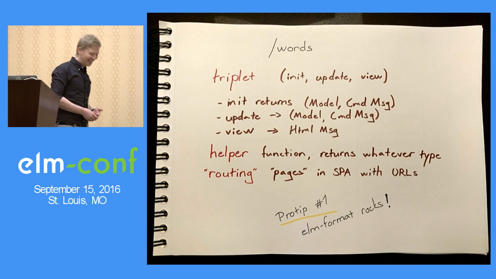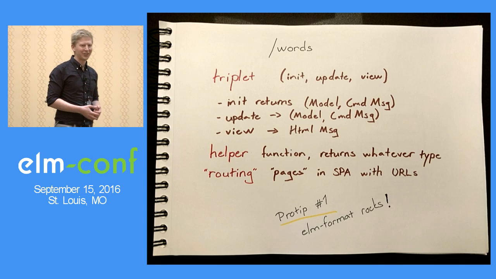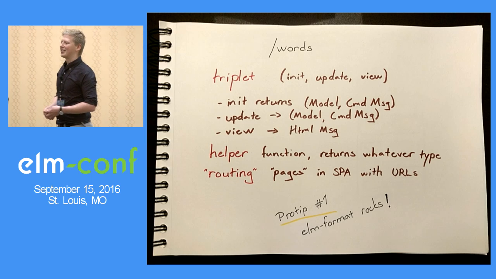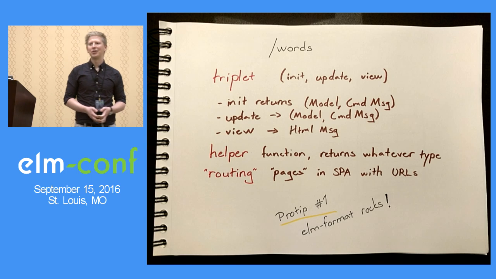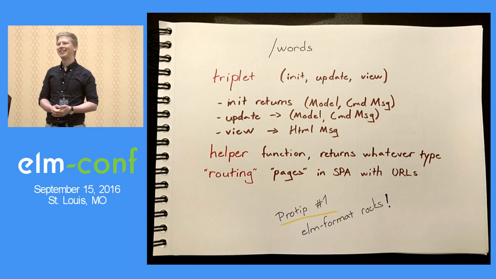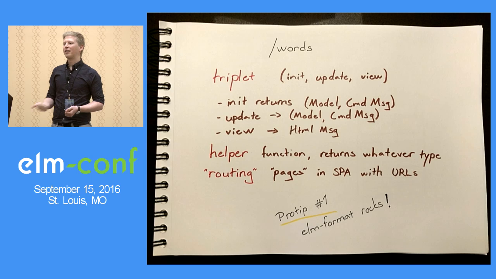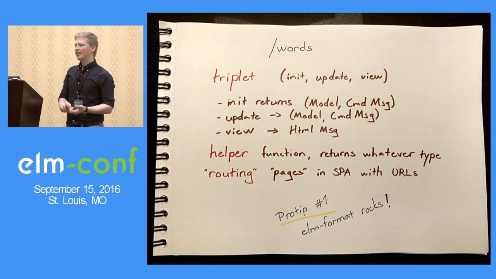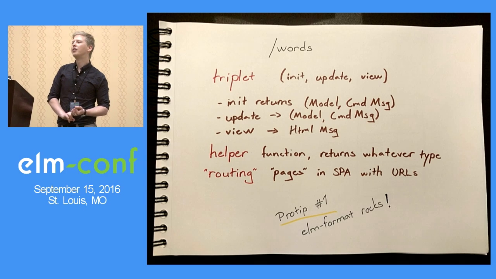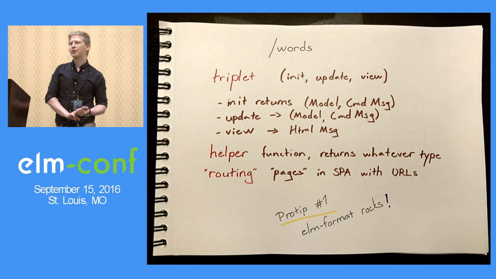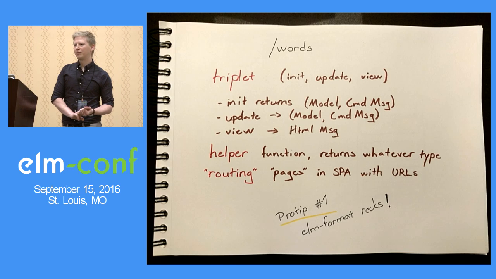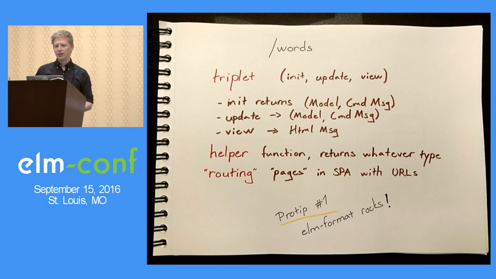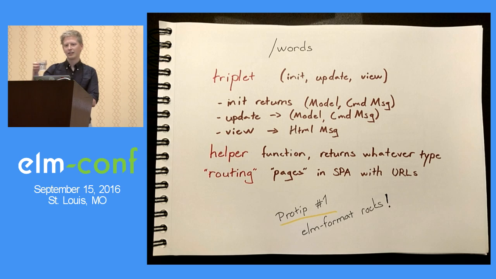Some vocabulary. I have come to the conclusion that the word component is a bit weird. So I'm going to try and use this word triplet instead, because it's just 3 functions, the init, update, and view. And then there's the model and the message types related to those. But that's basically what you have. You have an init function that returns a tuple, you know these things.